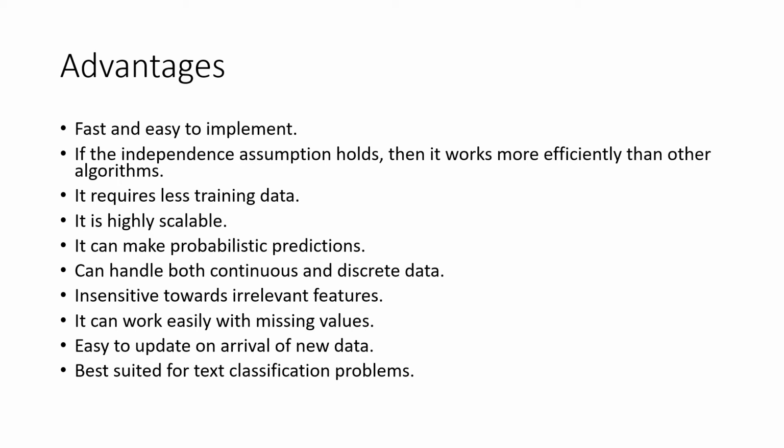It requires less training data, it is highly scalable, it can make probabilistic predictions, it can handle both continuous and discrete data. It is insensitive towards irrelevant features, it can work easily with missing values, it is easy to update on arrival of new data. It is best suited for text classification problems.